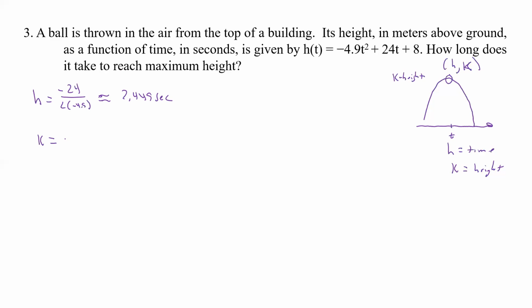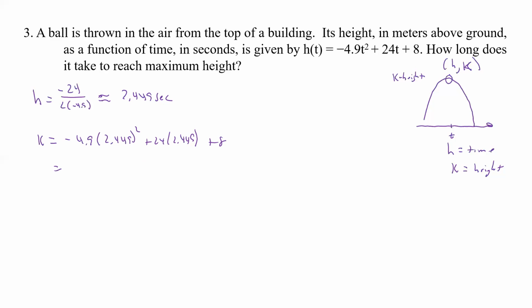So if we plug that in, that's negative 4.9 times 2.449 squared plus 24 times 2.449, and then plus 8.